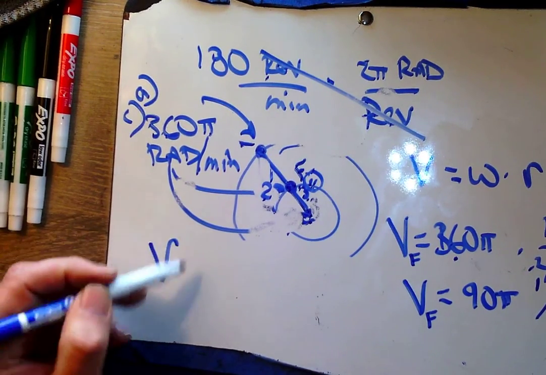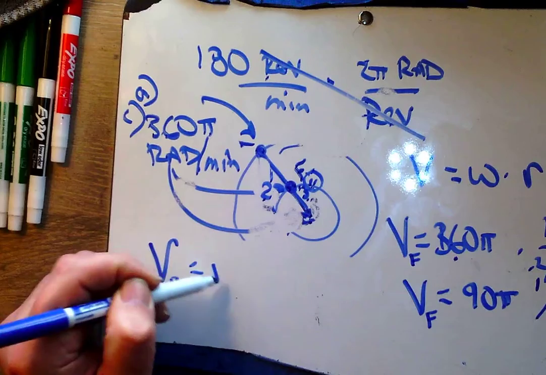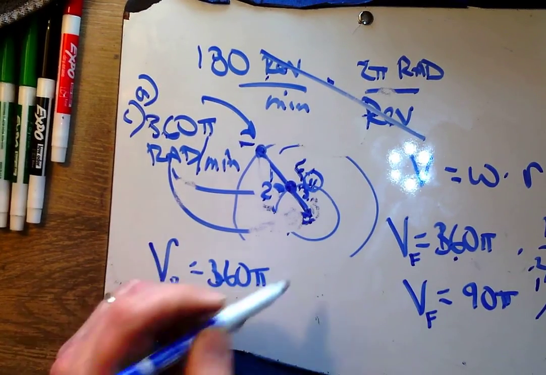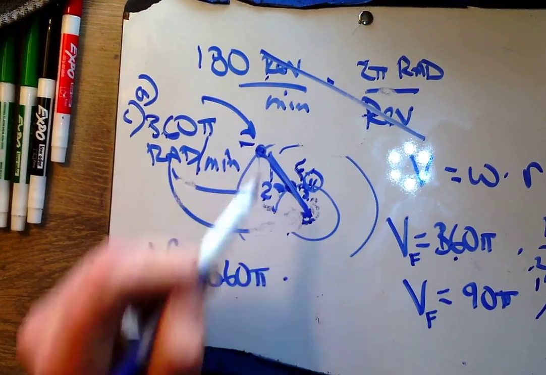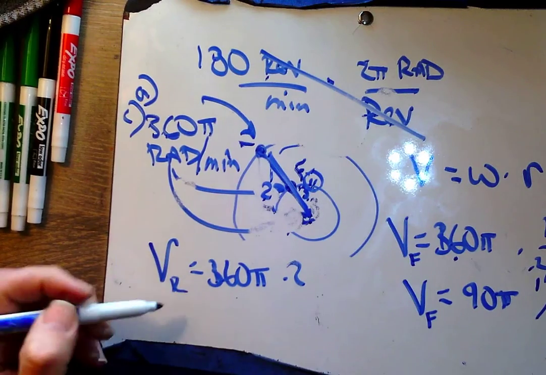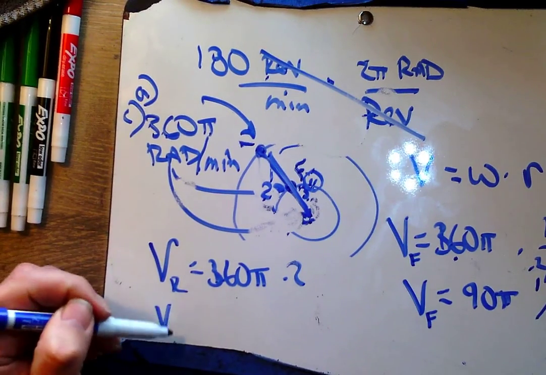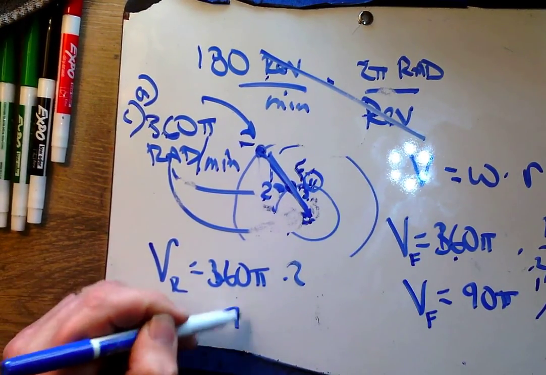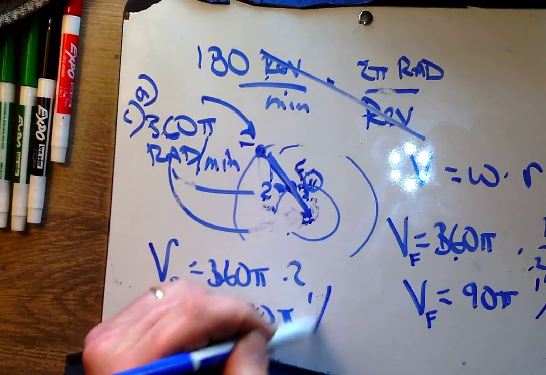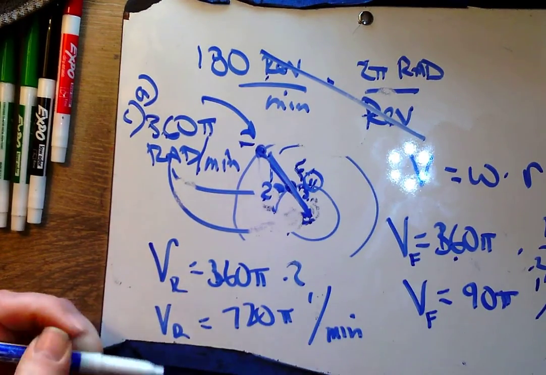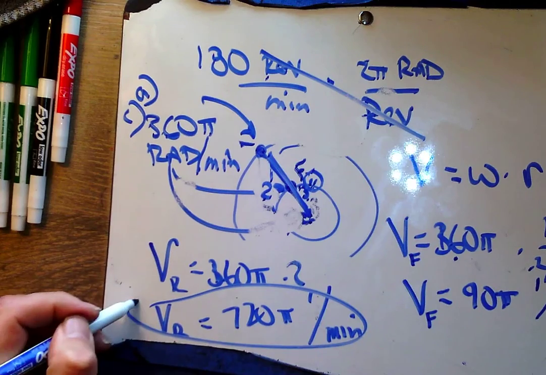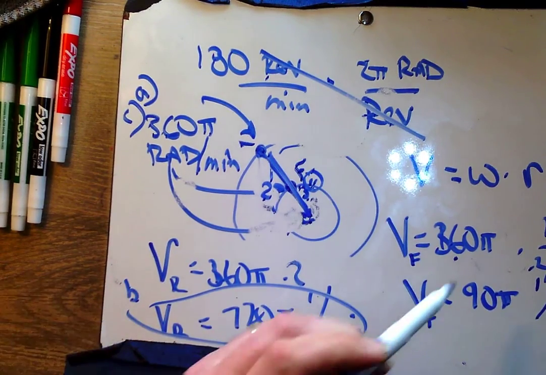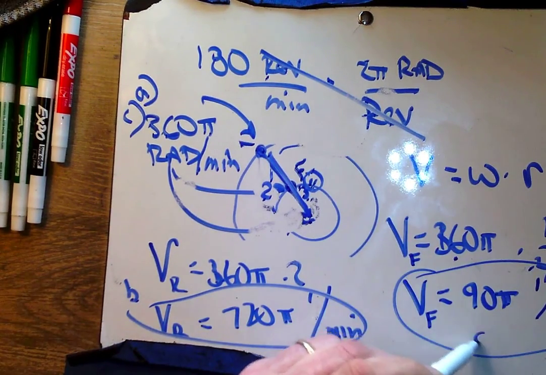Well, the velocity of the rock is still that same 360 pi times its radius, 2 feet. And so the velocity of the rock is 720 pi feet per minute. So that's part B, and that's part D.